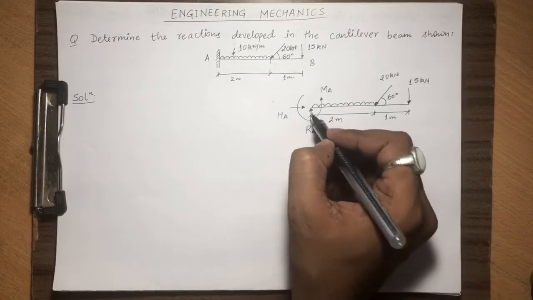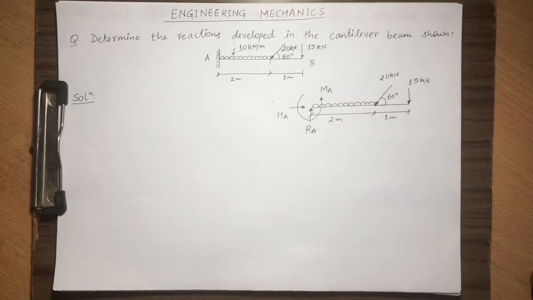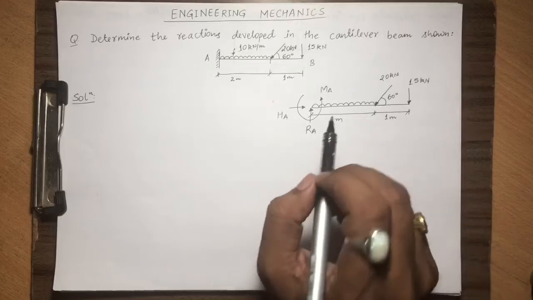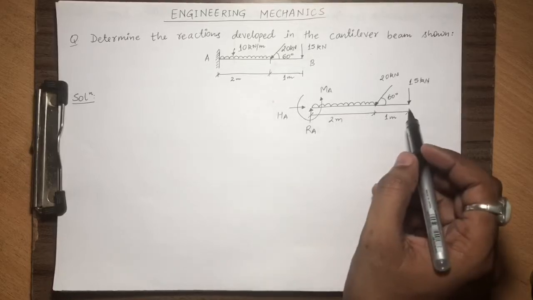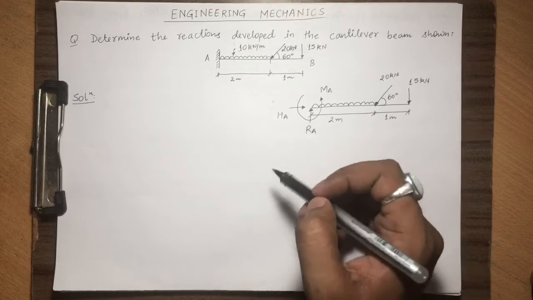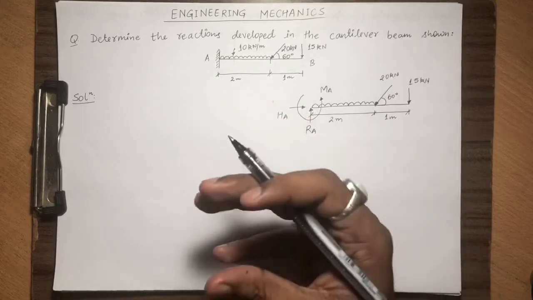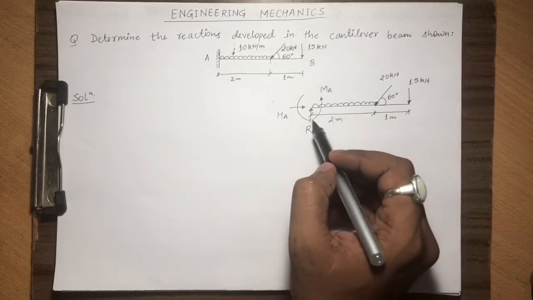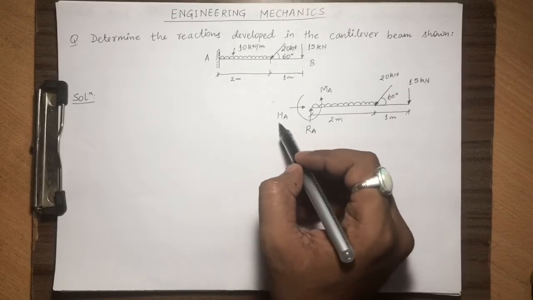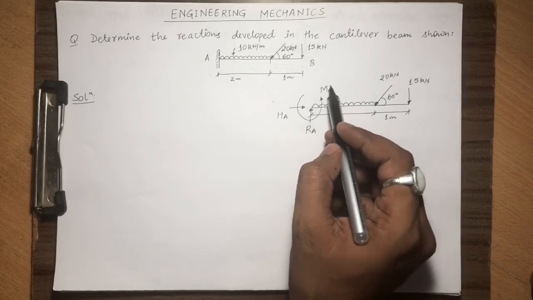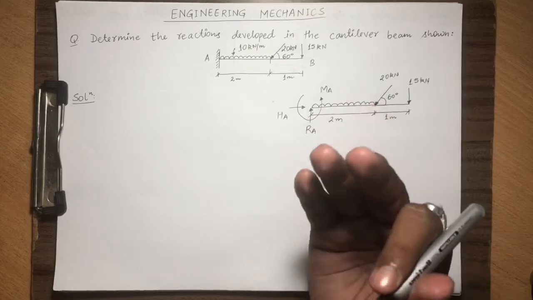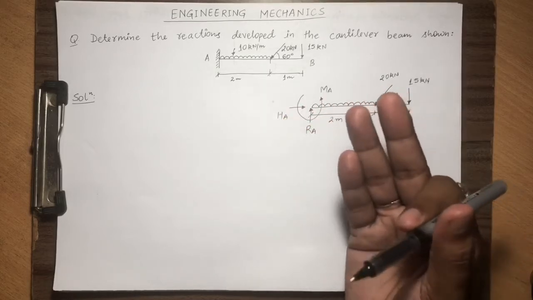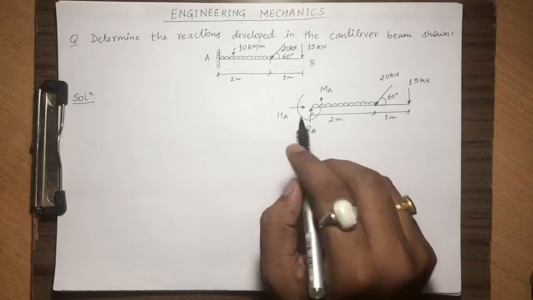So what was the equilibrium condition? First, we have to draw the free body diagram. Secondly, to solve the problem we must know what is known to us. First let us check what the unknowns are. Unknown number 1 is RA, unknown number 2 is HA, unknown number 3 is MA. So we have three unknowns, and to solve this problem we need three different equations, then only we will be able to solve.